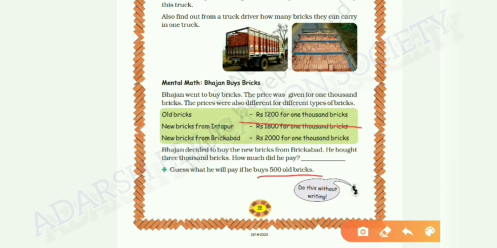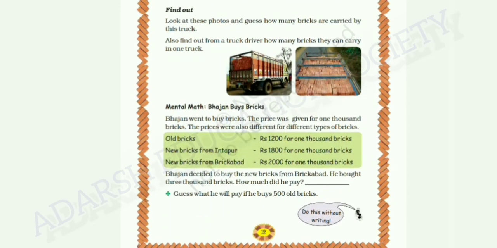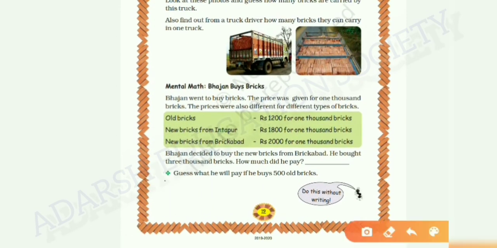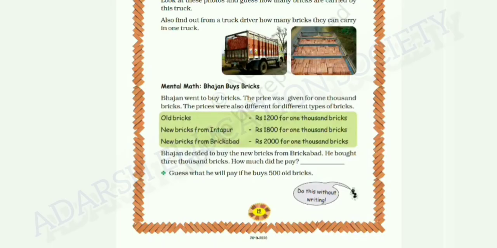So 1200 divided by 2. The answer is 600. So if Bhajan buys 500 old bricks, then he has to pay rupees 600 for it.